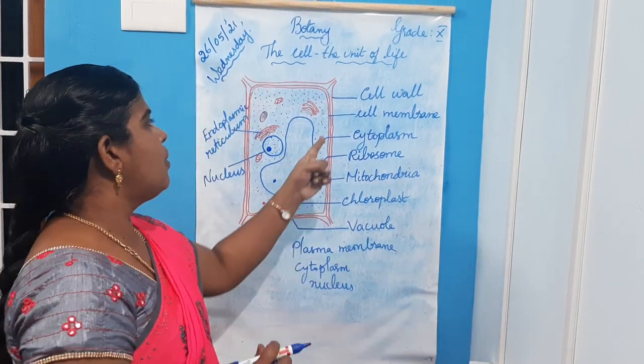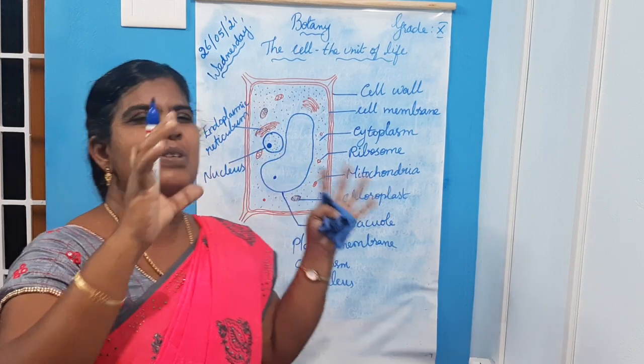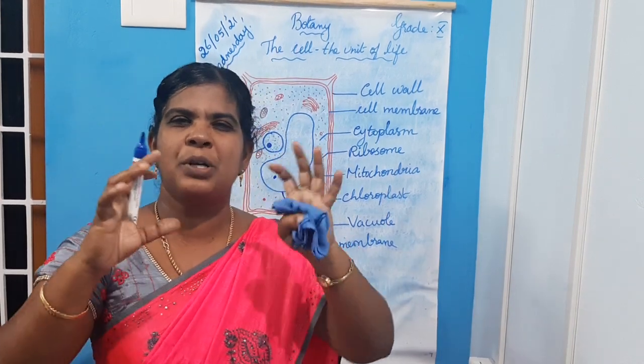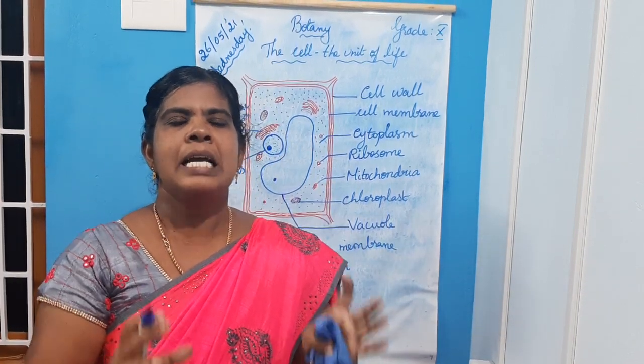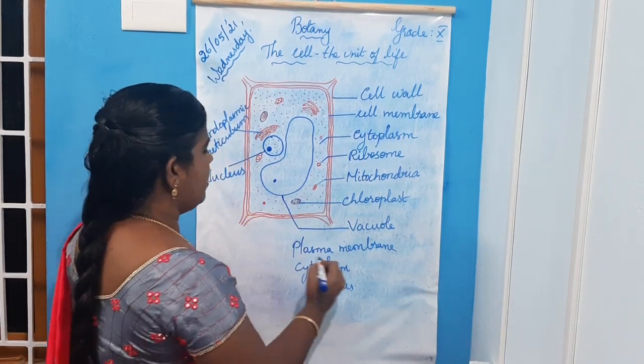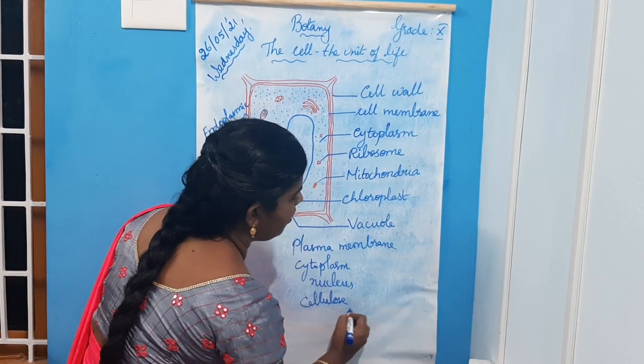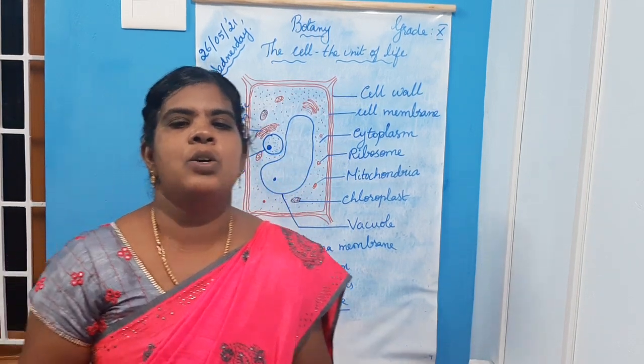The cell wall is the outermost layer or protective covering of a plant cell. It is mainly made up of a wall material called cellulose.